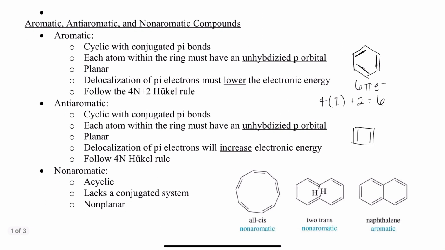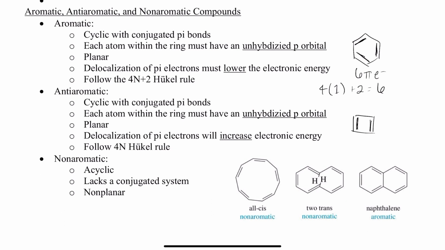However, if we go ahead and count our pi electrons, we have 2 in this double bond, 2 in this double bond, 2 plus 2 is 4. We have 4 pi electrons, and if we use our 4n Huckel rule, n is any integer. I'm just going to start with 1. 4 times 1 is 4. And so, because this follows the 4n rule, this is said to be anti-aromatic.